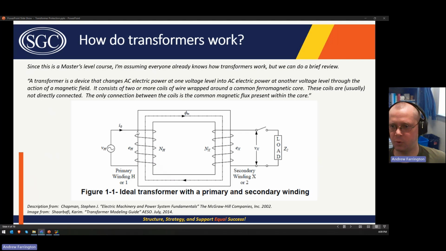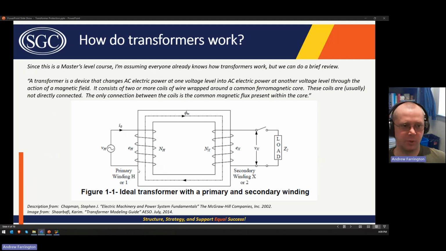And using the right-hand rule, this current flowing through this winding creates a flux that then flows through the core and down through this winding or coil. And then because of the flux flowing through that coil, again, due to the right-hand rule, that then flows out and into load.